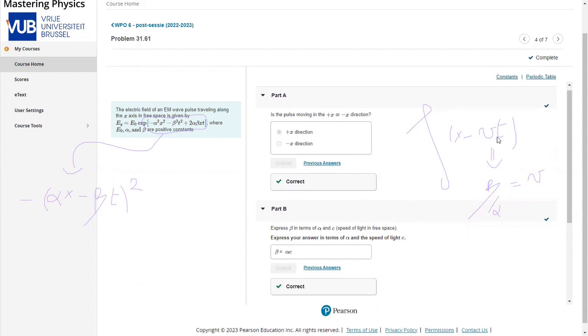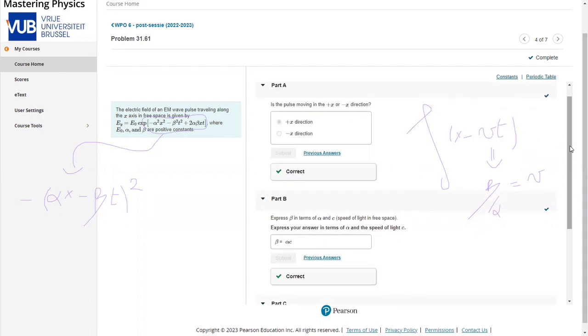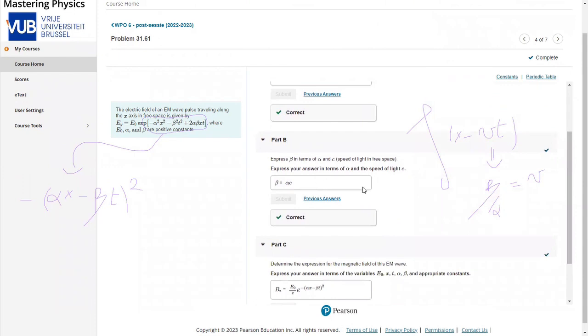So we know that the v is equal to beta over alpha, so you can see in which direction they will move. Also here you can see easily how you can find the answer with, instead of v, there is a c, so basically not v but c, just for these parts.